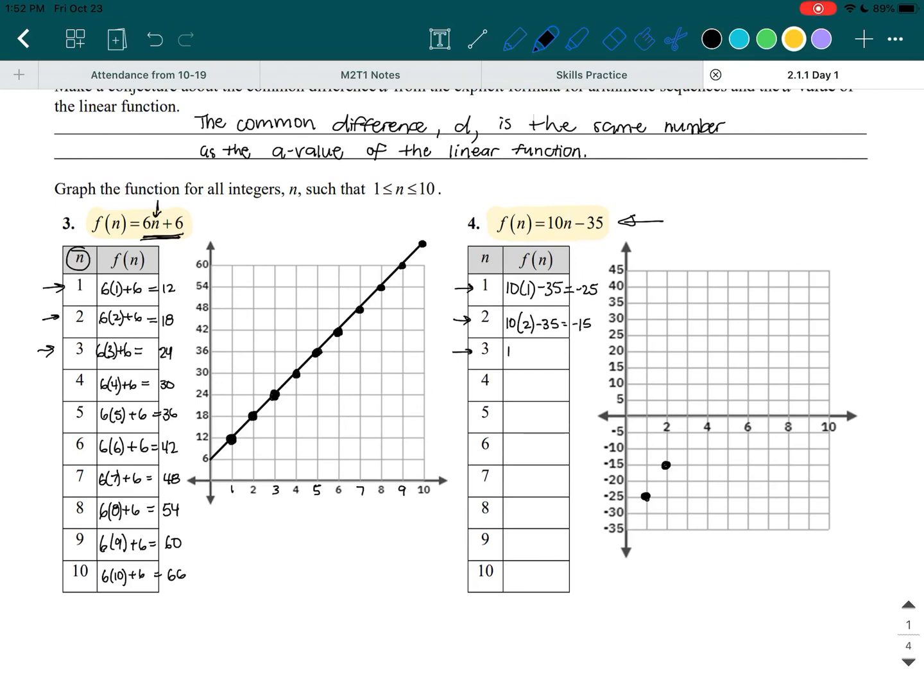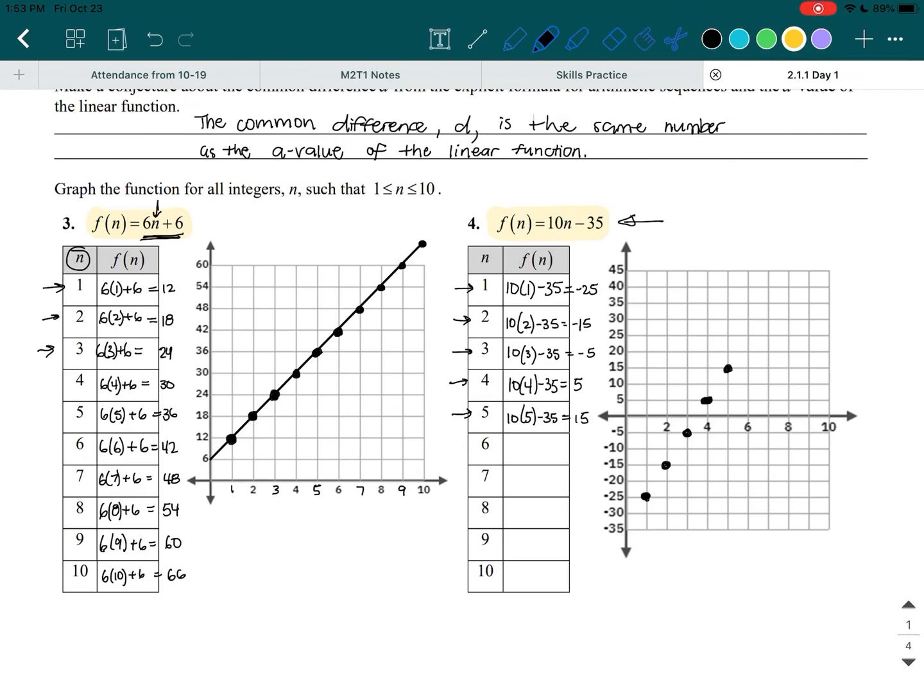Third point, we are plugging in 3. So 10 times 3 minus 35. I get negative 5. Plug in the point over here, 3 comma negative 5. Continue plugging in 4. And we get 5. So 4 comma 5 is this point. Plug in the next point. Get 15.